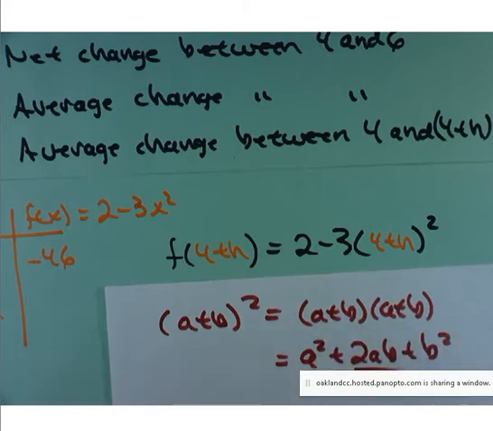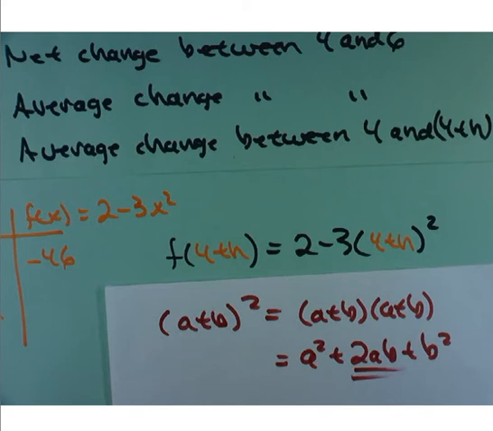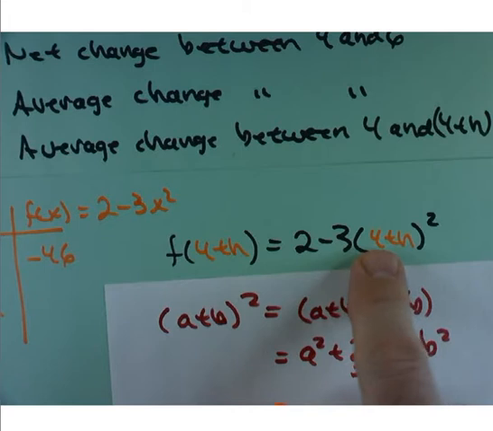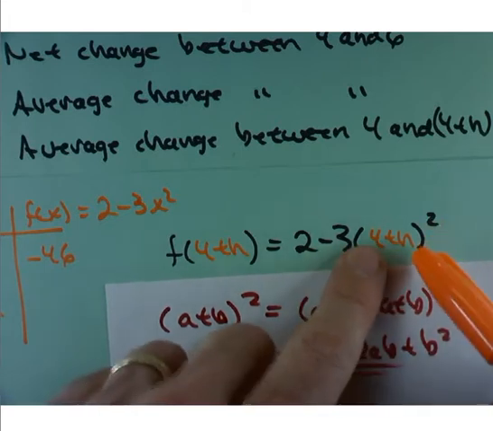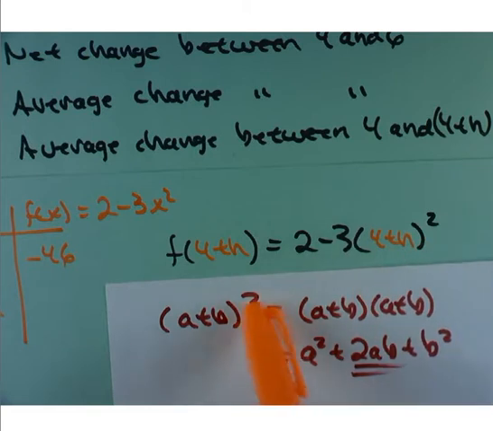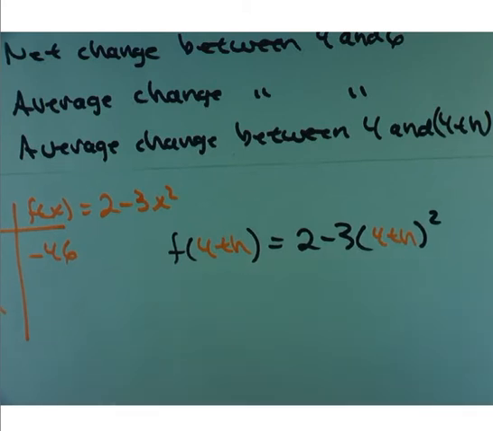So, okay, great. How does that help us out here? Well, if you're good, you can square this out the same way. You want the n terms squared, so I want the 4 squared and I want the h squared. And I always borrow that 2 here just for my own crutch. 2 times a times b is going to be your middle term. So let's see if you can't square that out in your head.